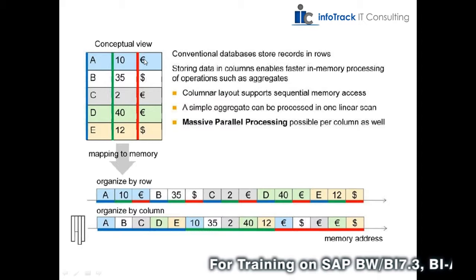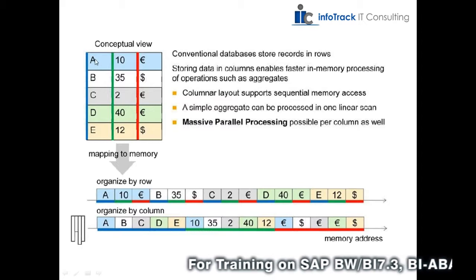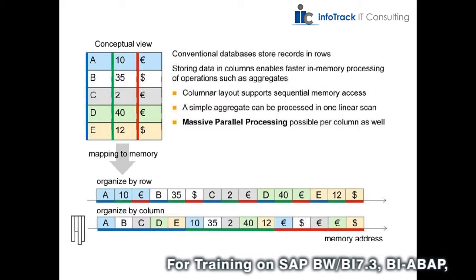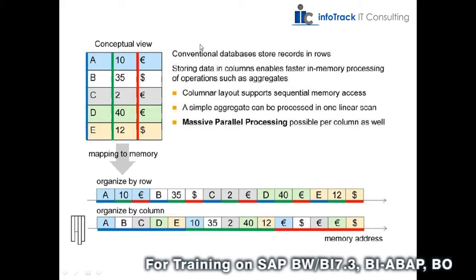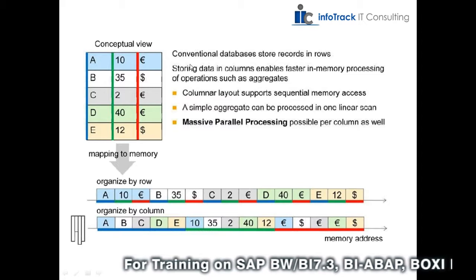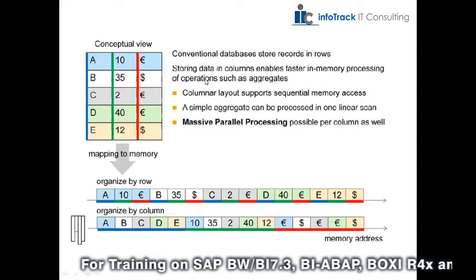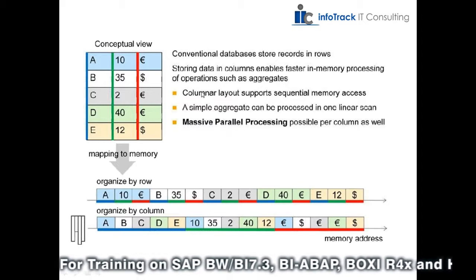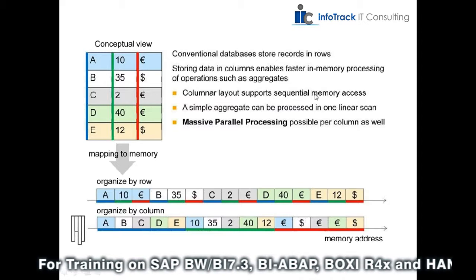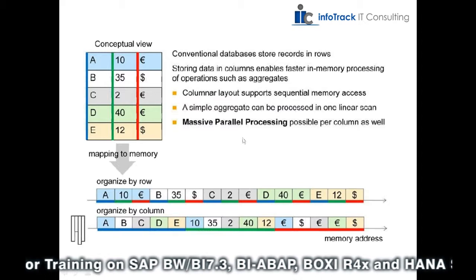But if it is column based, as I have already told you, column based is used for summarized or aggregated data. If you observe here, it has stored all the data column wise. First it does the first column, then the second column.